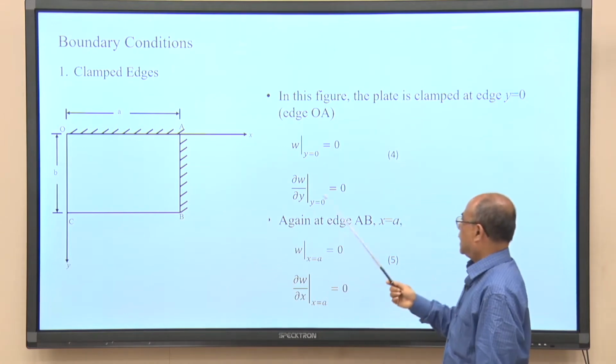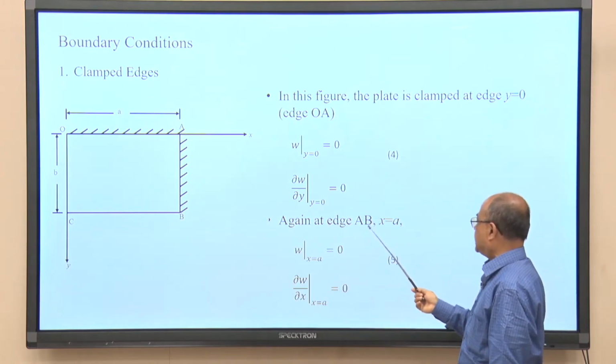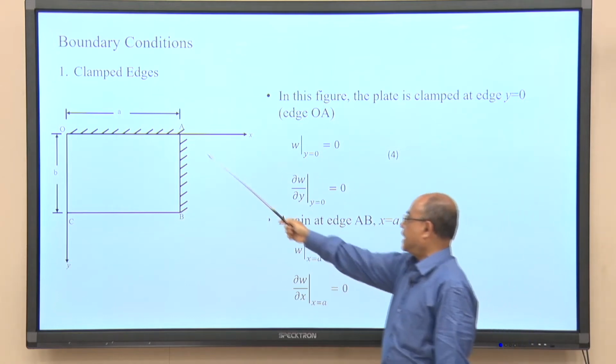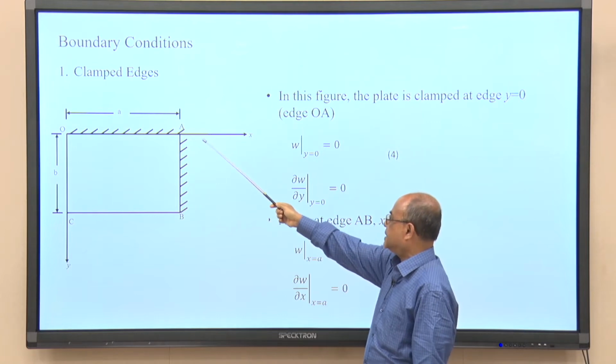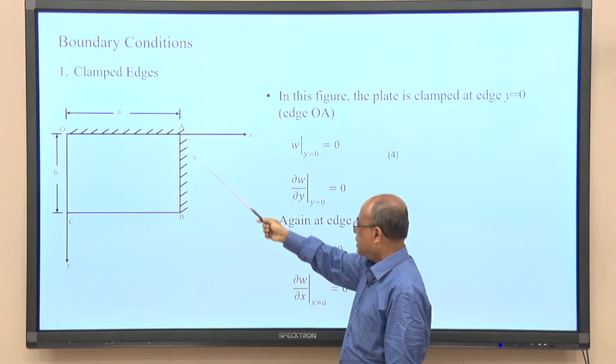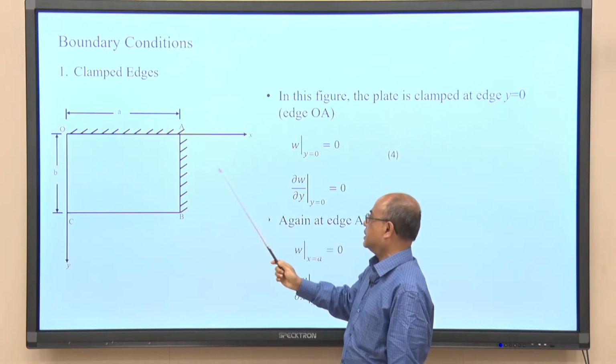Okay. Again you see the edge AB. So, you have to identify what the edge is. At the edge AB, x is a, and this AB is parallel to the y axis. Okay.